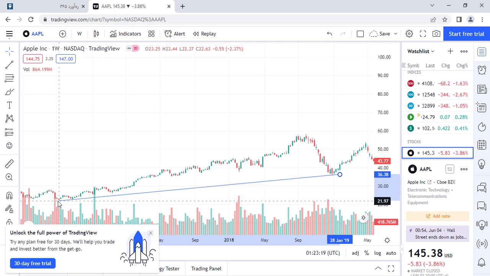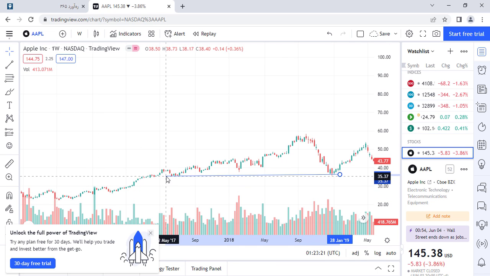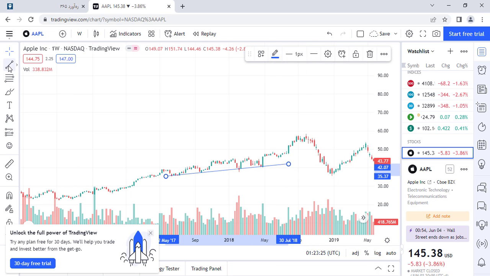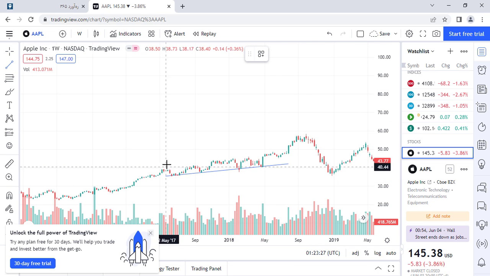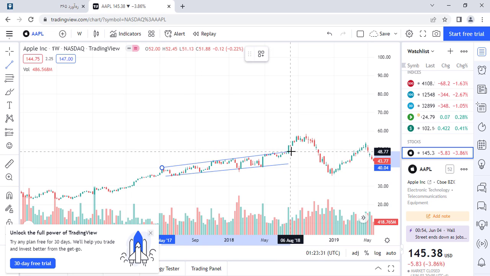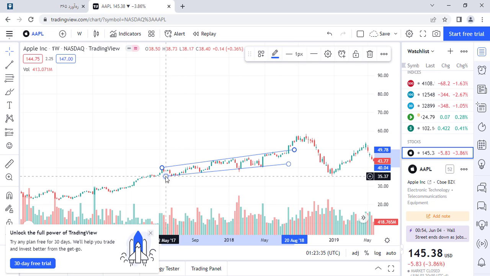You see that, but the resistance line, in fact, doesn't have a good performance.